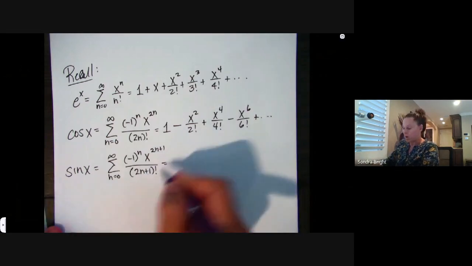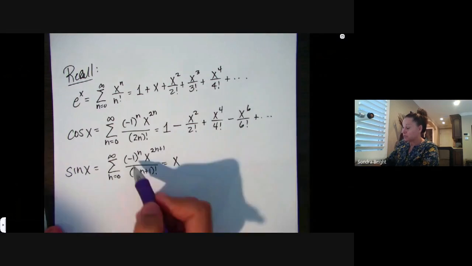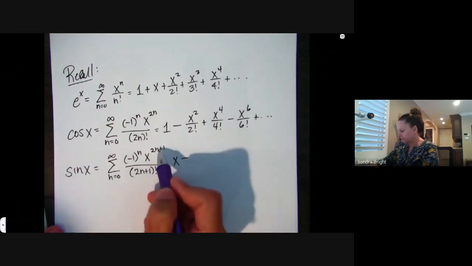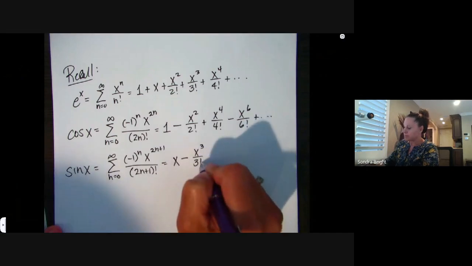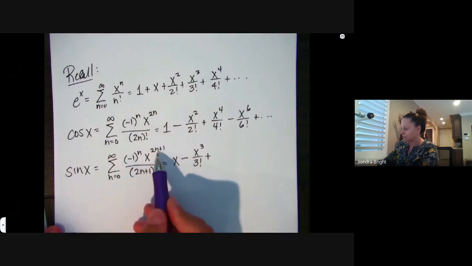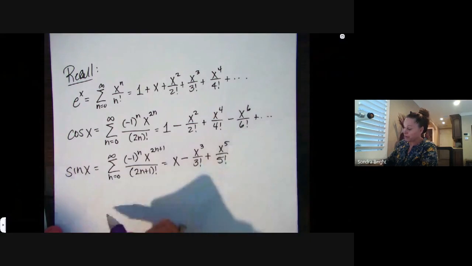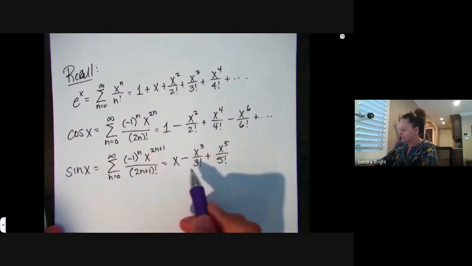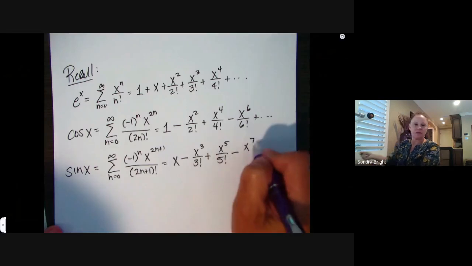Then when you plug in a 1, you'll have a negative here, and an x cubed over 3 factorial. And then a plus, because when you plug in a 2 here, that becomes positive. It'll be x to the 5th now over 5 factorial. Plugging in 0, 1, 2, 3, right? You have a minus, and then an x to the 7th over 7 factorial, and it keeps on going with that.